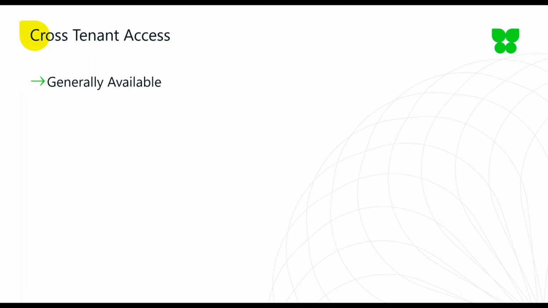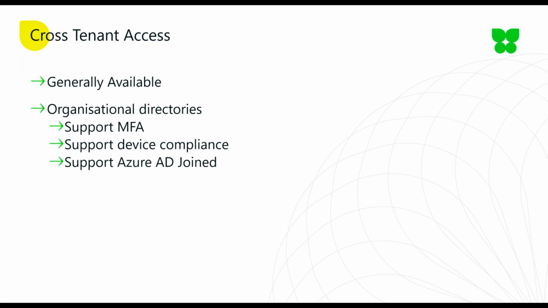This function will allow you to take an external directory, so Cocho for example, and say, I will trust, because I've looked at it, the compliance statement of your devices in your directory. I will trust the MFA that your users are providing against your directory.